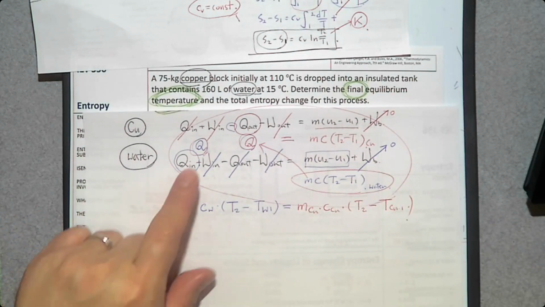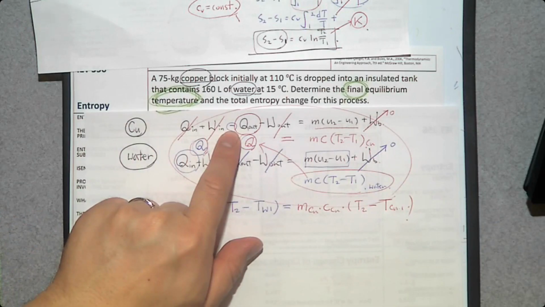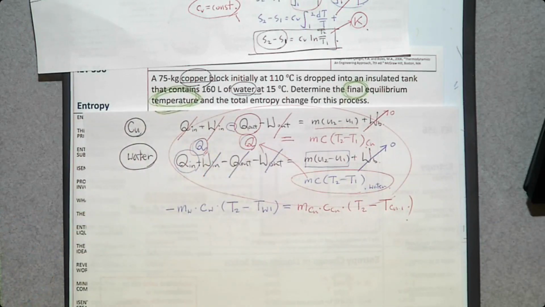Because there's a negative sign, this Q in for water is the same as this Q for this copper block. So this one is the same as this one. This Q is mass times specific heat T2 minus T1. So we can substitute this one for this Q. Make sense? So this blue is for water. This red is for the copper block.